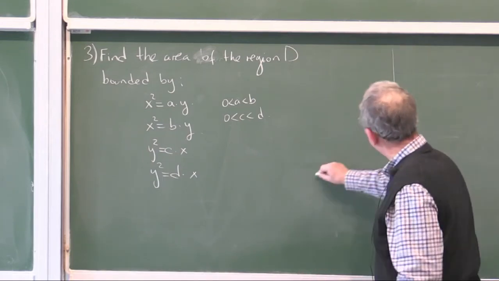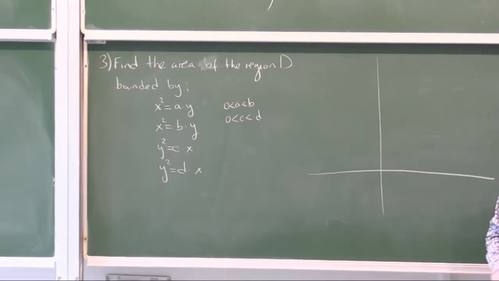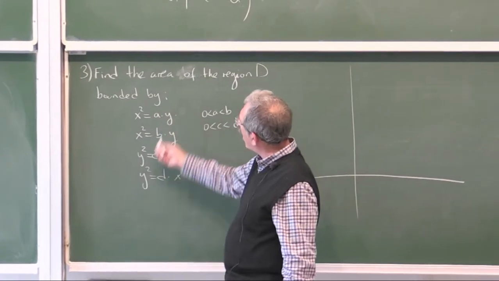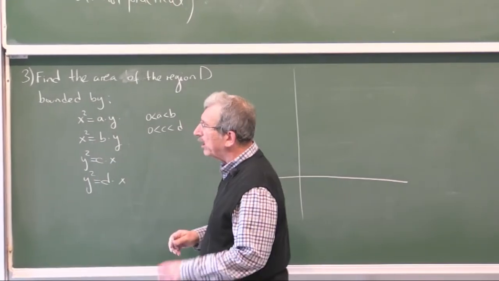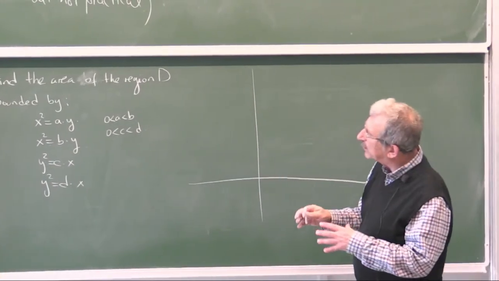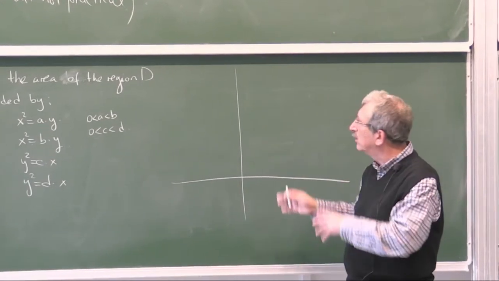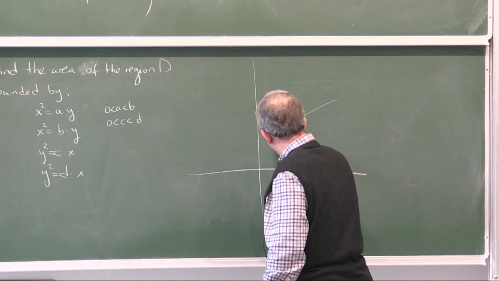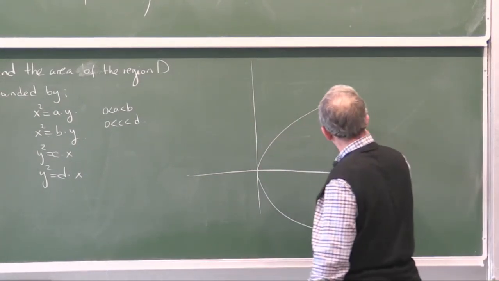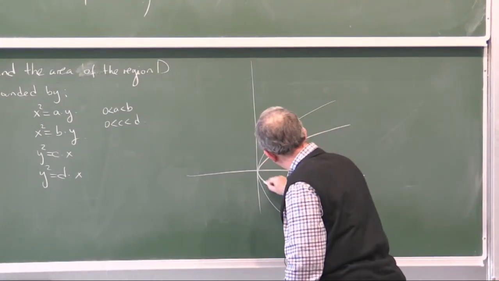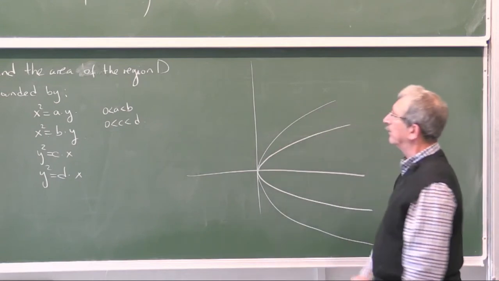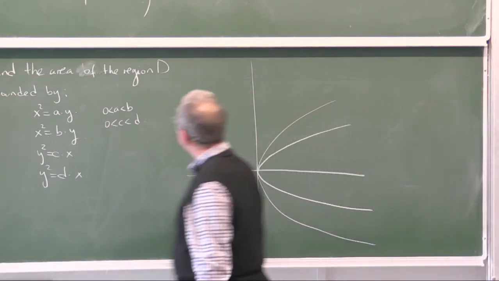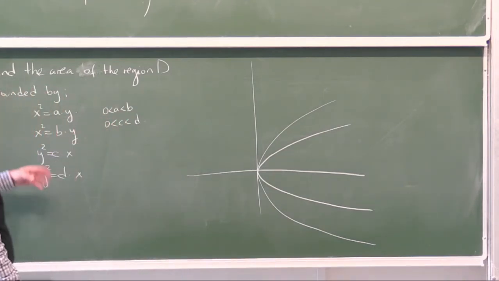Let us sketch it first and see what it looks like. In the first place, x squared is ay or x squared is by are parabolas, but the other way around. That's to say, these are parabolas of the following sort. Well, when you look at this, you can figure out which is the a case and which is the b case.